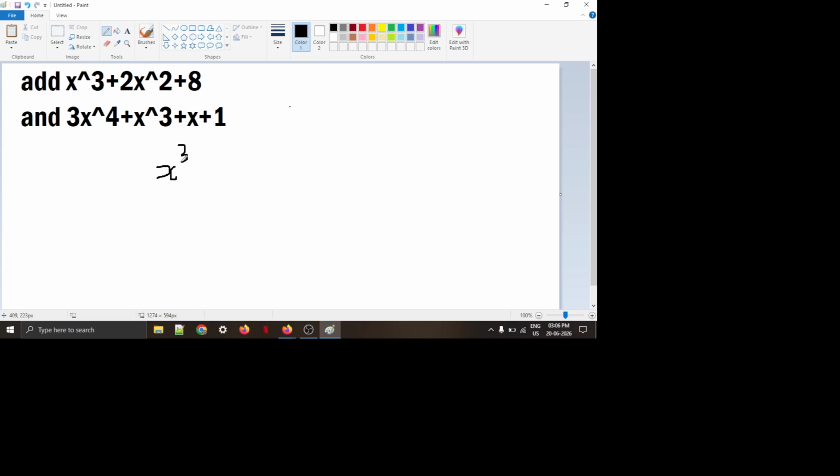That is the first term, and then we have 2x square. That is the second term, and there is no x term to it. So for the beginning's sake, you can put 0 x, and there is a constant 8.